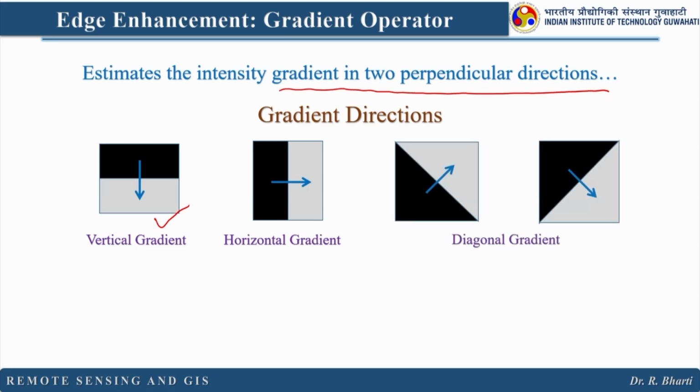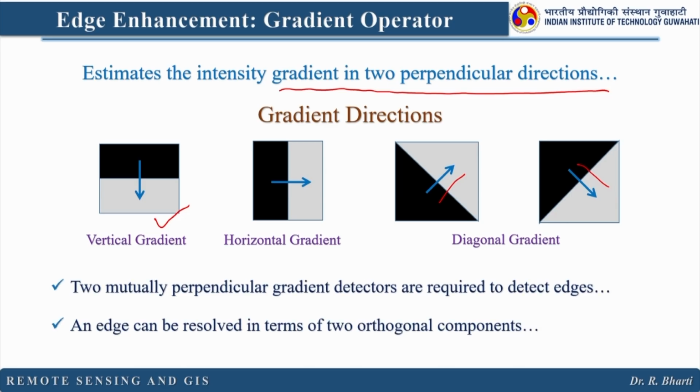Then in the diagonal gradient, it can be either in this direction or this direction. That is very easy to understand with these examples. So two mutually perpendicular gradient detectors are required to detect edges. An edge can be resolved in terms of two orthogonal components, right? So this is very simple. I hope you have understood this concept.